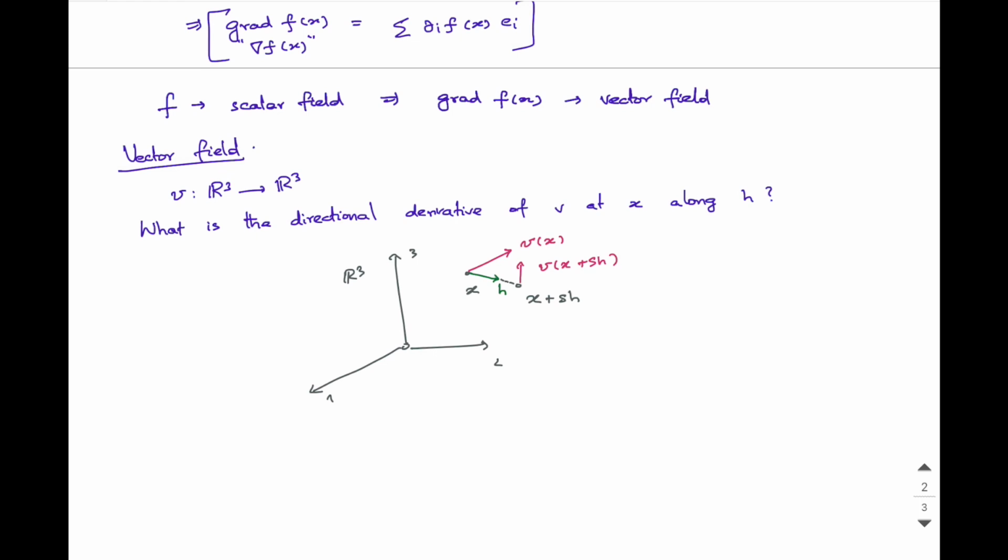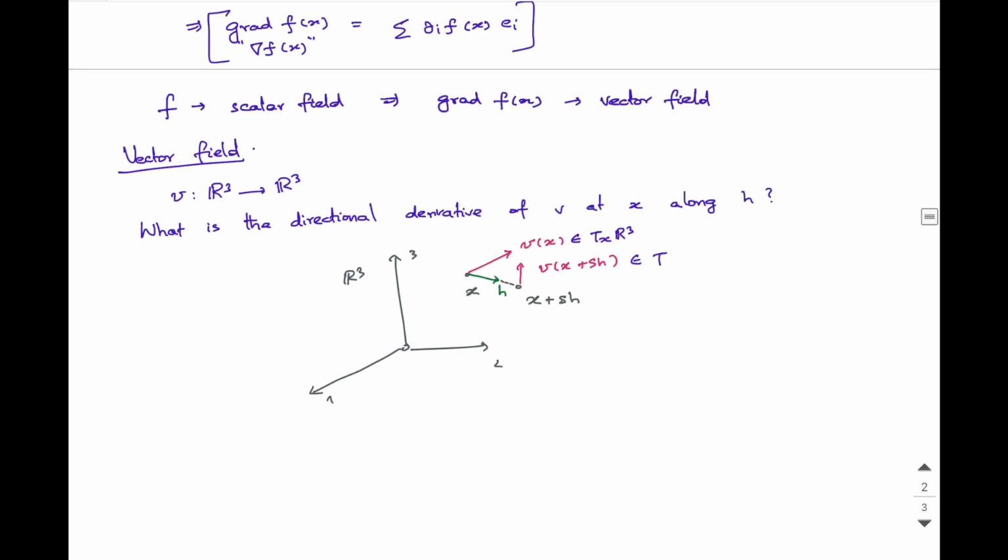And now comes an important simplification that R3 affords. Notice that v of x is actually an element of the tangent space to R3 at the point x, whereas v of x plus sh is an element of the tangent space to R3 at the point x plus sh. Now these are two different vector spaces, so you cannot compare vectors in general between two different vector spaces. That doesn't make any sense.